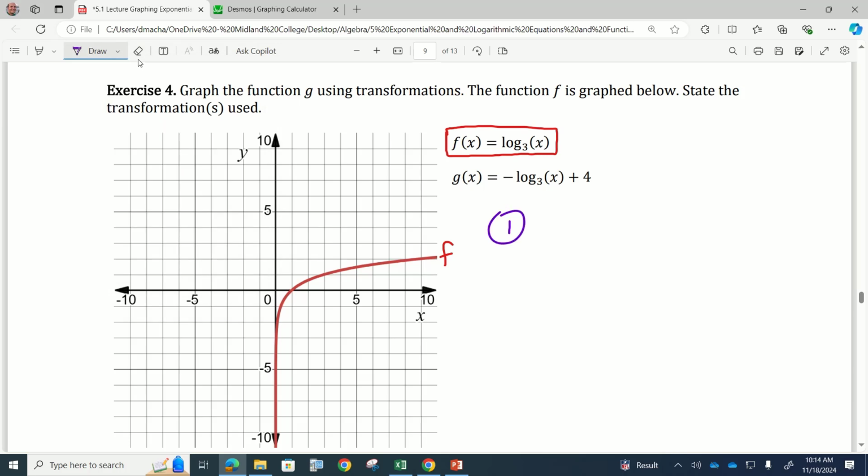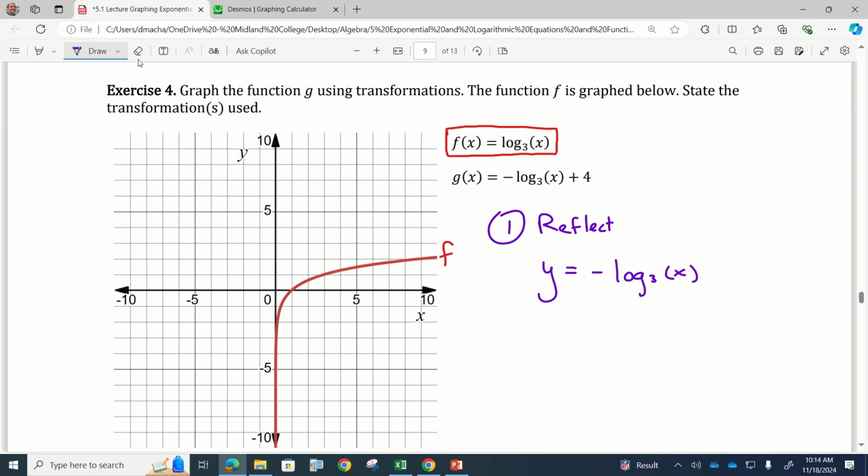What's the first step if I wanted to make this g curve happen? So I would swap x and y if I wanted to take the inverse function, but I'm not really worried about taking the inverse. I just want to graph the g function using transformations.